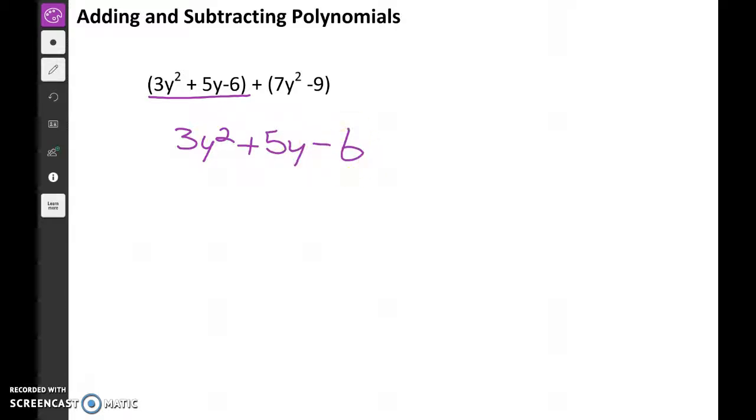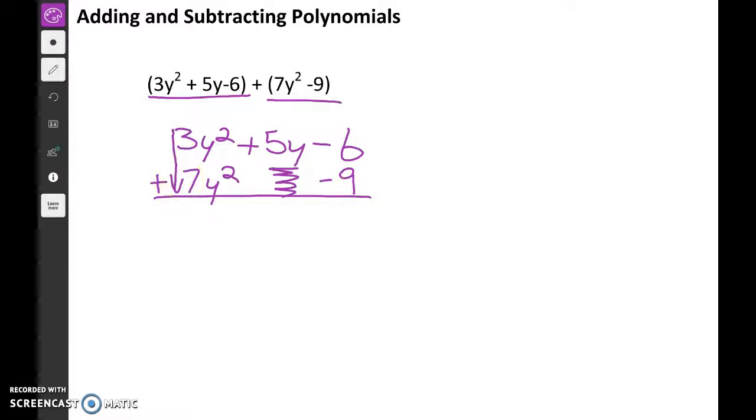Then we will take the second polynomial and we want to line up what is the same. So we have plus 7y squared would be the same as 3y squared, so we're going to line those two up. We had no 5y, so there's going to be nothing here. And then we had a negative 9, which would go with our negative 6.